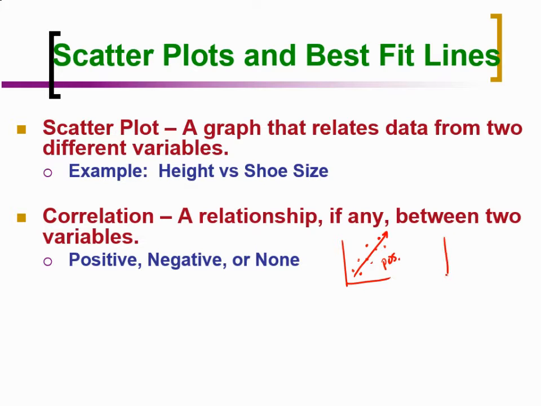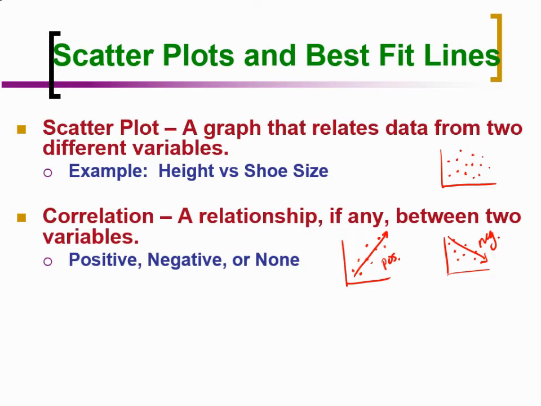Naturally, in the other direction, let's say we collected a whole lot of data and plotted it, but we noticed in general the data was going down from left to right. That would be an example of a negative correlation. Finally, if we took a whole bunch of data and saw that there really wasn't any special pattern to where the points fell, we would say there is no correlation.